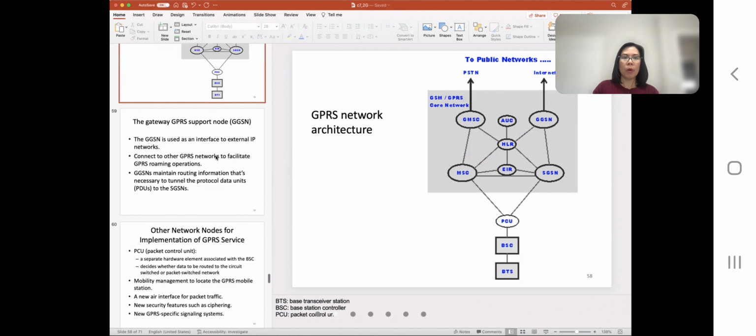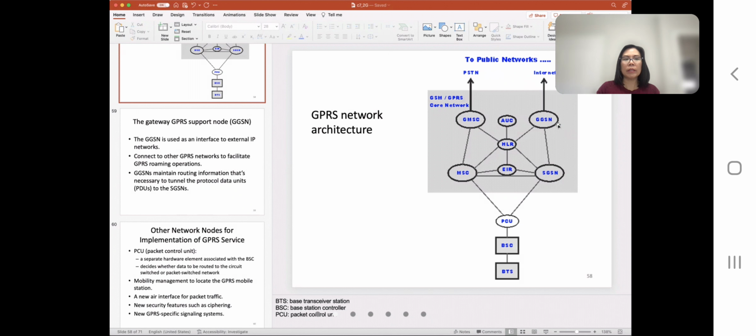Now the gateway GPRS support node, GGSN. This is an interface to the external IP network, the internet. And it's connected to other GPRS networks in order to facilitate roaming of a mobile phone from one network to another.